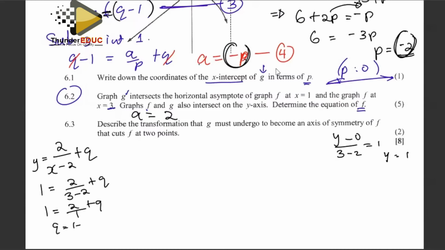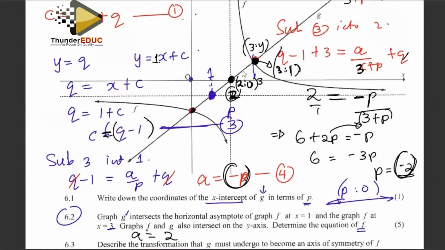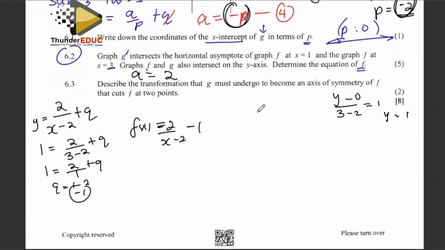So q is 1 minus 2, which is negative 1. Therefore the equation of f is 2 over x minus 2 together with the minus 1 down here. That is the equation the question technically wanted.